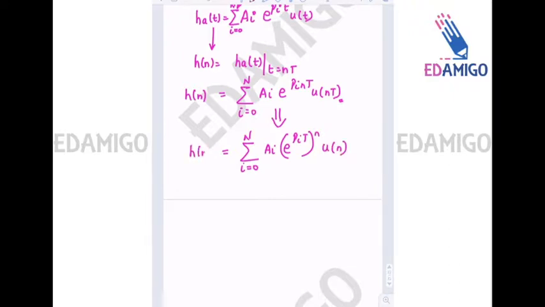That is your h(n). This is the transformation that gives the impulse response of the digital filter.